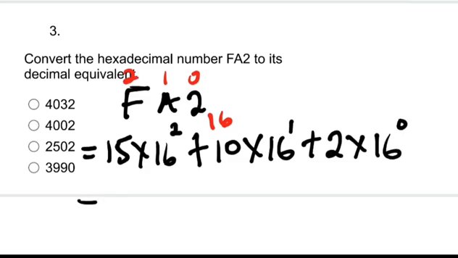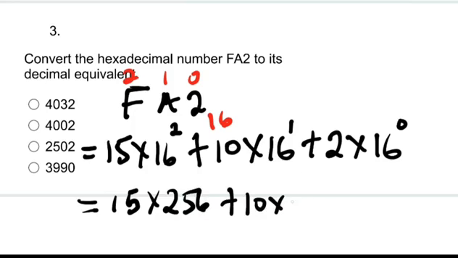So that means 15 multiplied by 16 raised to 2. 16 raised to 2 is 256, plus 10 multiplied by 16 raised to 1, which is 16, plus 2 times 16 raised to 0, which is 1.